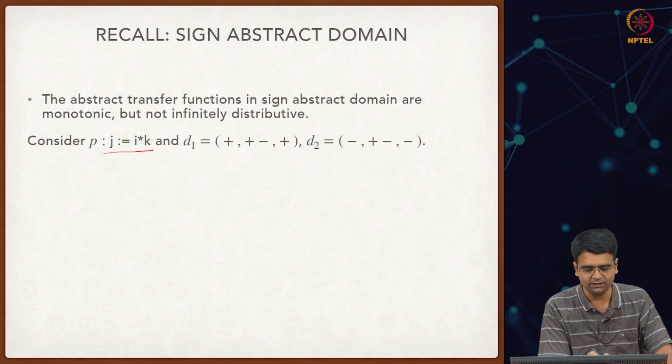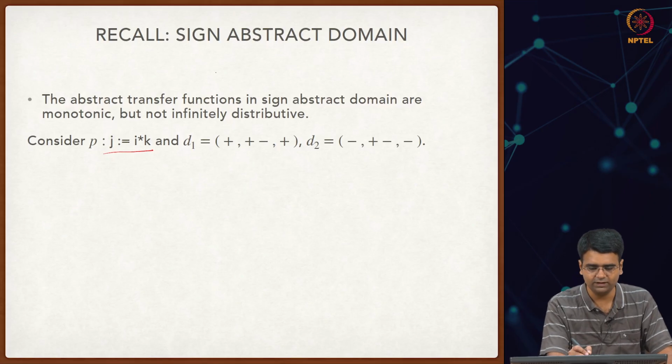So if you take this particular program statement P, let's try to compute what will be f hat of P, which is the abstract transfer function of this particular program statement P. So in particular, we will show that this f hat of P is not distributive. Okay.